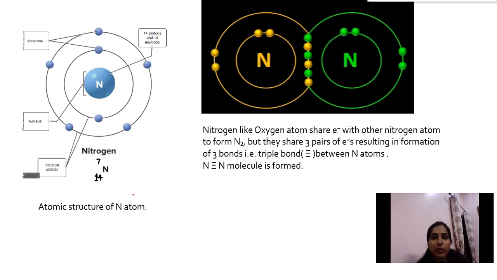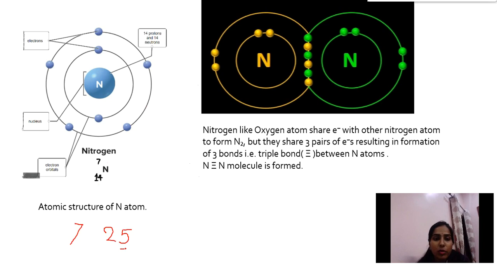Also, you can see in nitrogen, the atomic structure of the nitrogen atom. The atomic number of nitrogen is 7, and its electronic configuration will be 2, 5.